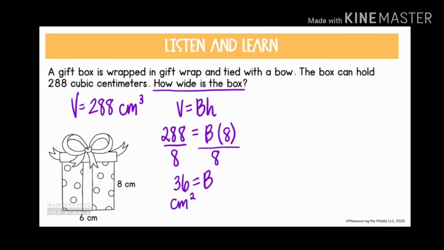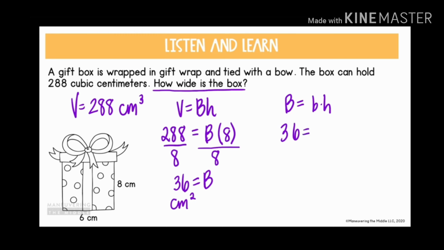Now, is that what the question asked? It's really easy to stop there, but when I go back to the question, it wants us to find out how wide the box is. So I'm going to go back, and I know that big B, the area of the base, is equal to base times height of my base. So I have 36.